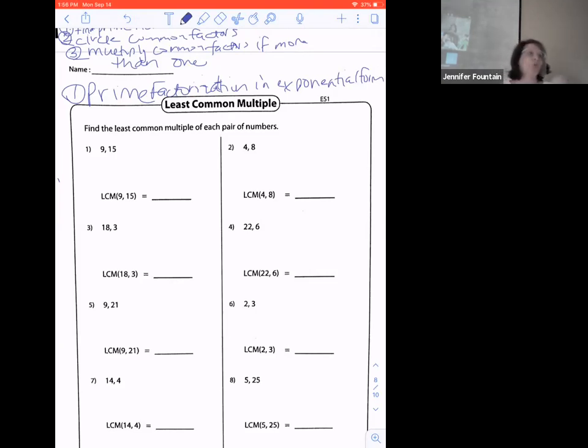That means if I have more than 1 2, I list it as 2 to the whatever power. If I have more than 1 3, I list it as 3 to the whatever power.